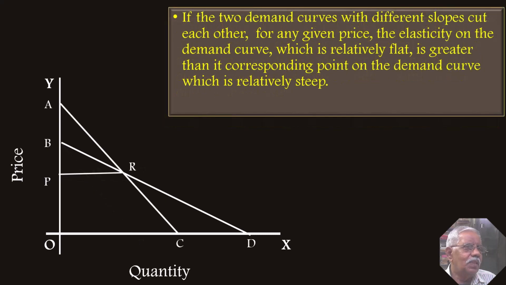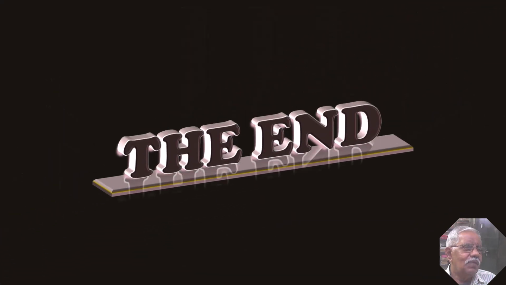If the two demand curves with different slopes cut each other, for any given price, the elasticity of demand on the curve, which is relatively flat, is greater than its corresponding point on the demand curve, which is relatively steep. In short, the relatively flat demand curve represents a higher elasticity. These are the key points. Use them to your advantage.